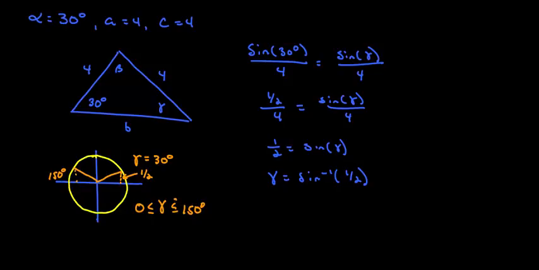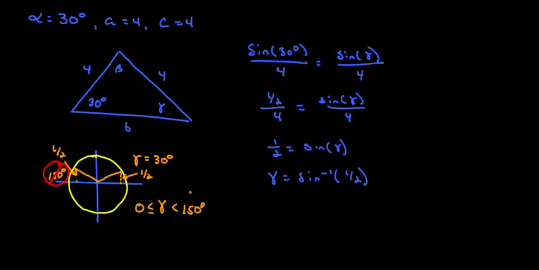But let's take a look at this. If gamma was 150, then I'd already used up all my 180, so I wouldn't have anything left for B. So we really need to restrict this to strictly less than. So notice that even though the sine value of 150 degrees is 1/2, we can't use it because it would give us too many degrees in our triangle.